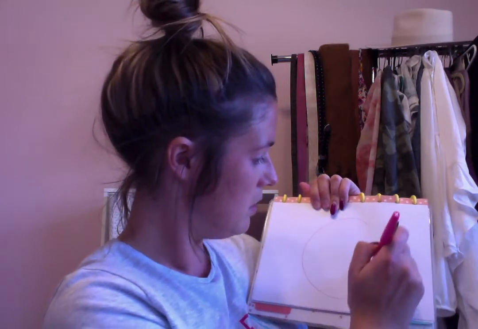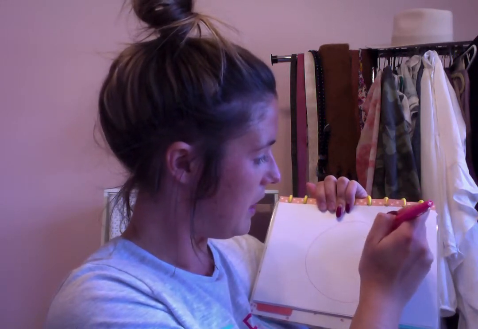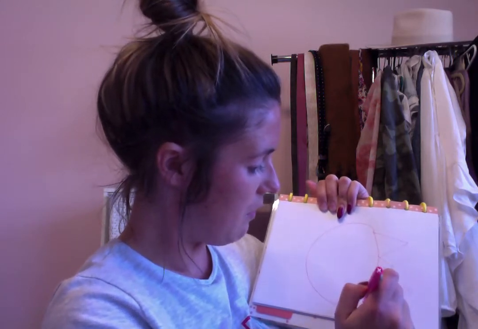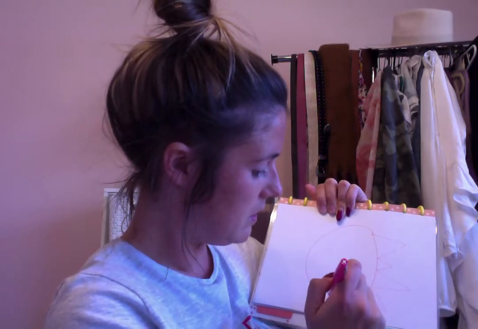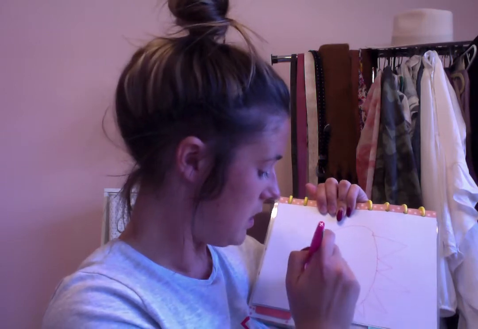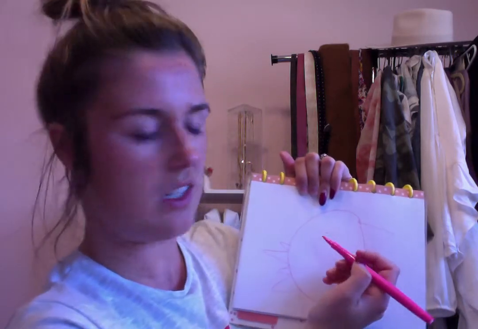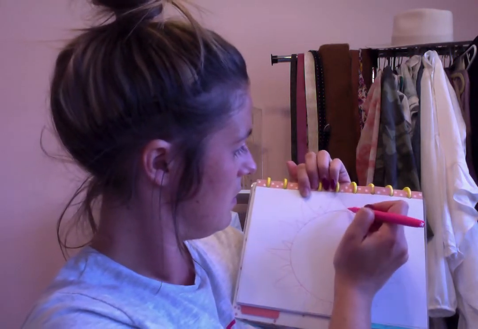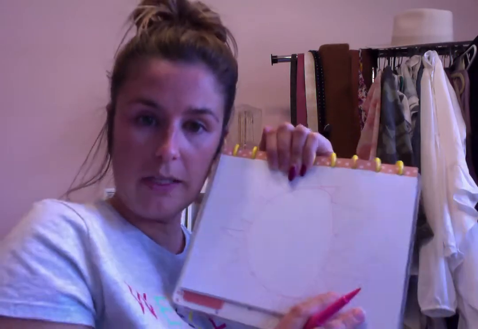So to make my sun, I'm just going to do a circle, and then I might try and give myself sunbeams around it. Now, does it need to look perfect? No, it doesn't need to look perfect. Okay, so here's my sun.